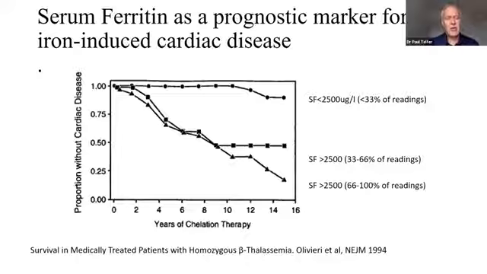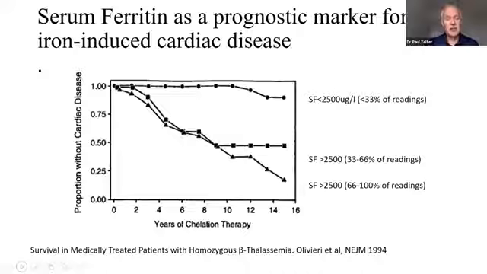And although there are possible problems with the use of ferritin, which I'll list in just a second, we know from various studies, some of them quite old, and mostly relating to iron chelation with desferrioxamine in the early years of thalassemia treatment, that values of serum ferritin over time have been associated with clinical outcomes.